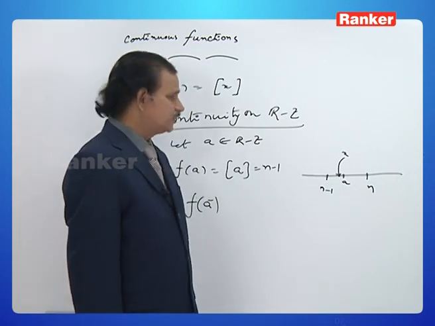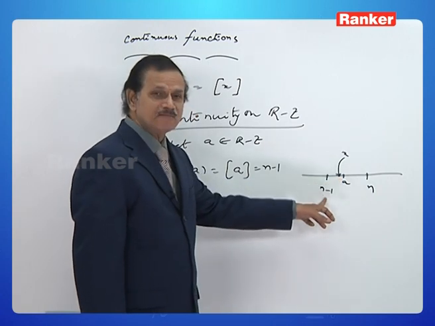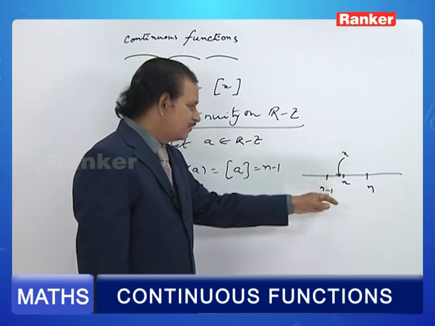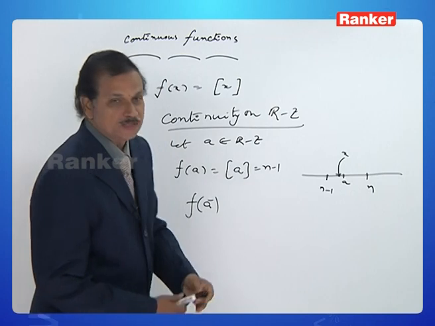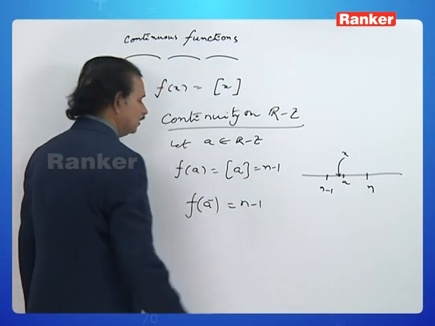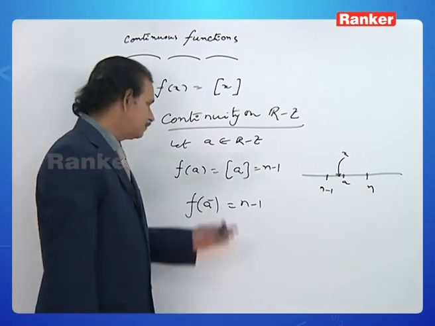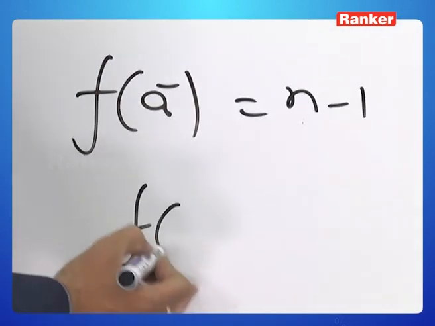See, the integral part of this a minus h is also n minus 1. Why? Because the integer less than a is n minus 1, and the integer less than a minus h is also n minus 1. Therefore, here also it is n minus 1. Success. F has left continuity at x equal to a, because f of a is n minus 1. And lastly, f of a from right.